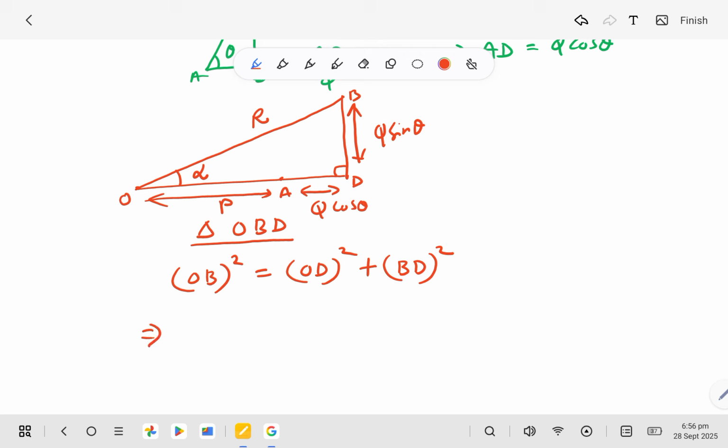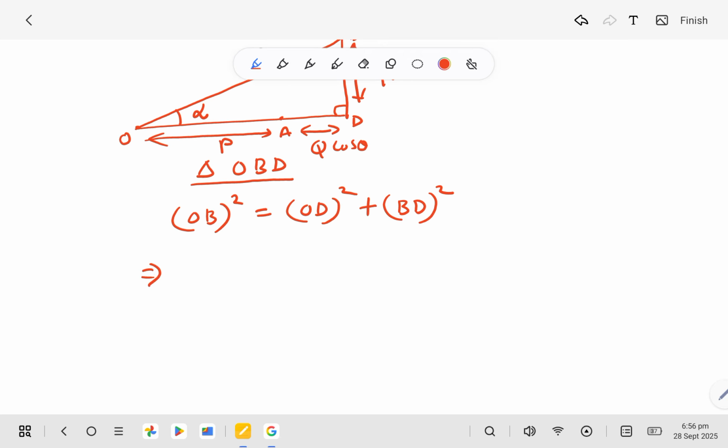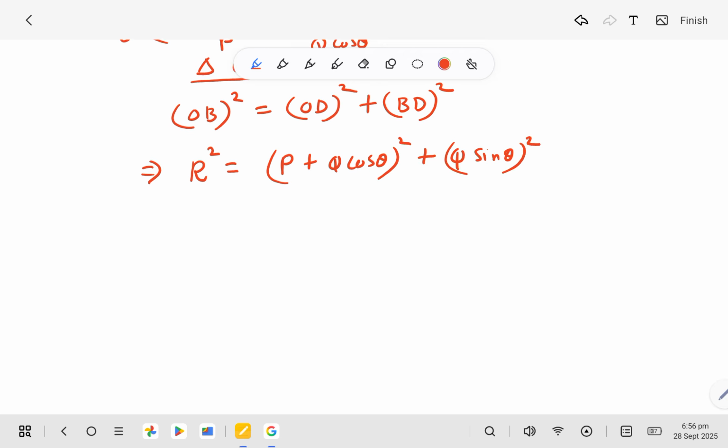Okay, so now we can use the estimated lengths. OB means R square equals OD, which is P plus Q cos theta, whole square, plus Q sine theta square. So (a plus b) whole square gives P square plus Q square cos square theta plus 2PQ cos theta, plus Q square sin square theta.